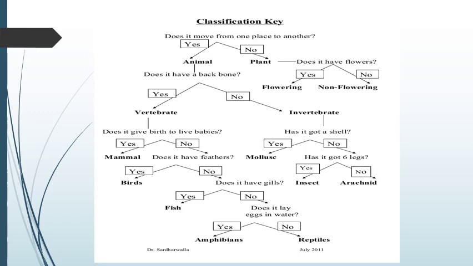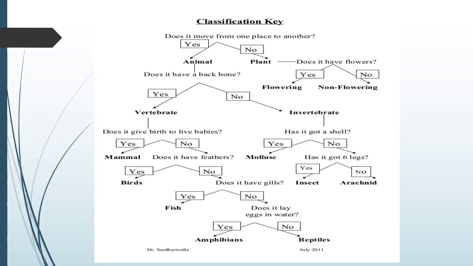Now in the case of vertebrates, we know that we have 5 groups of vertebrates. Just think that you have studied about 5 classes of vertebrates, and keep in mind the common or general characteristics of all those 5 categories.